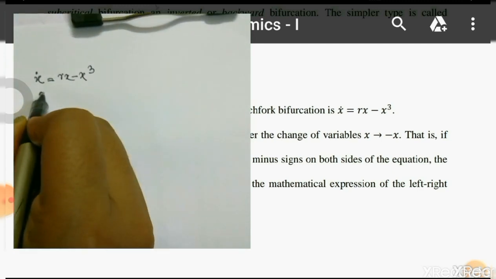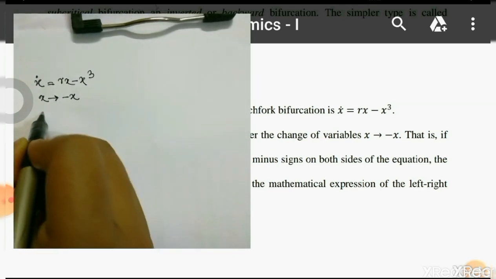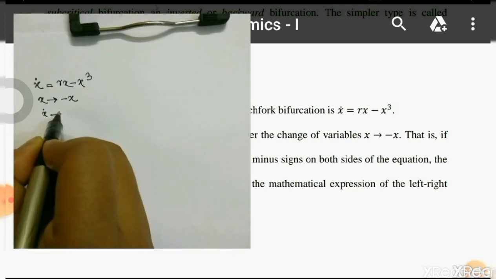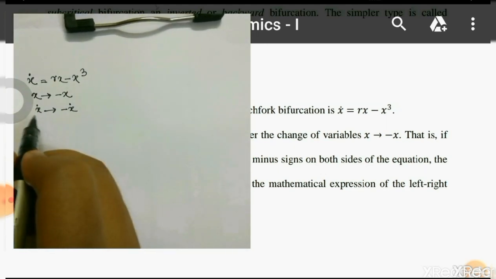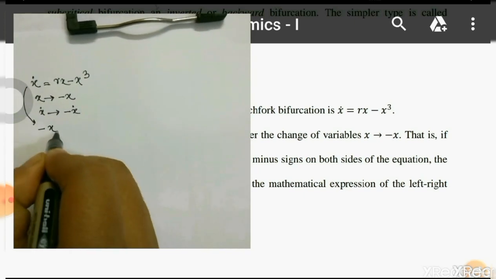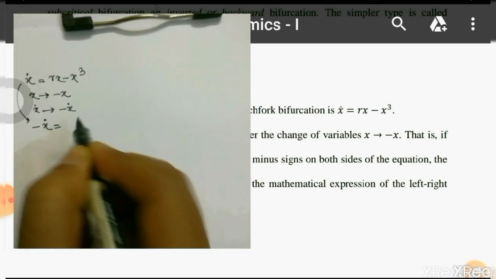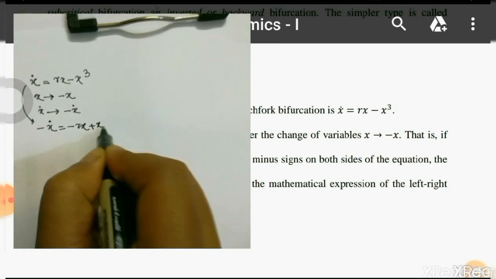Now if we change x by minus x, then x dot becomes minus x dot, and this equation then becomes minus x dot equals minus Rx plus x cube.